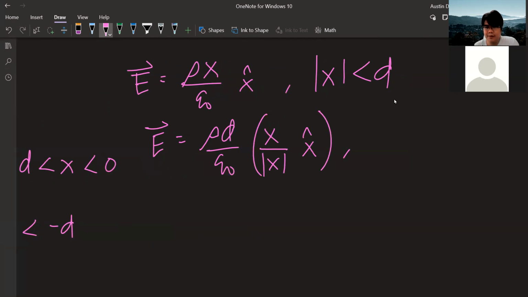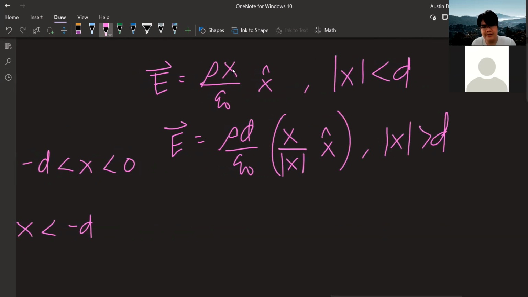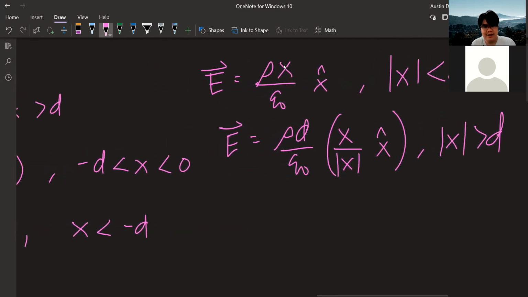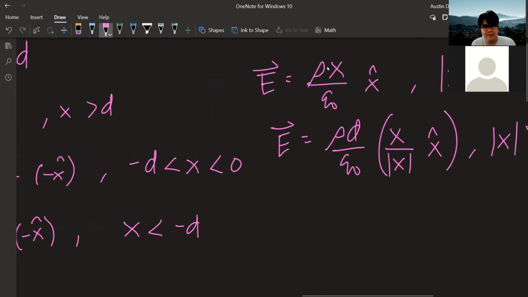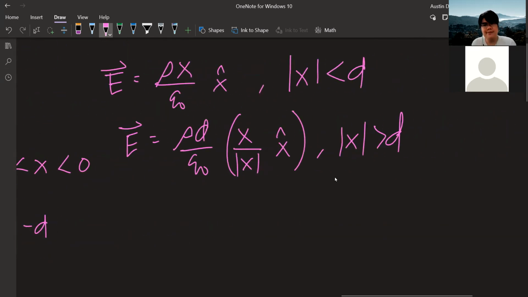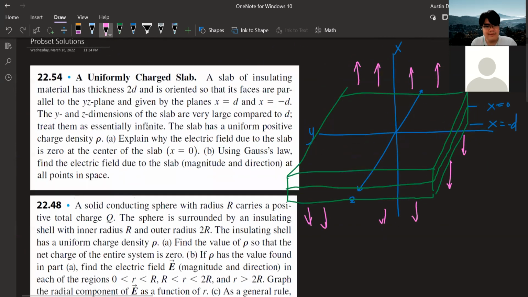Okay. This is for x greater than d. Okay, so this accommodates the direction already. Kaya ko siya naisip na mali. Okay, that's for your first problem.